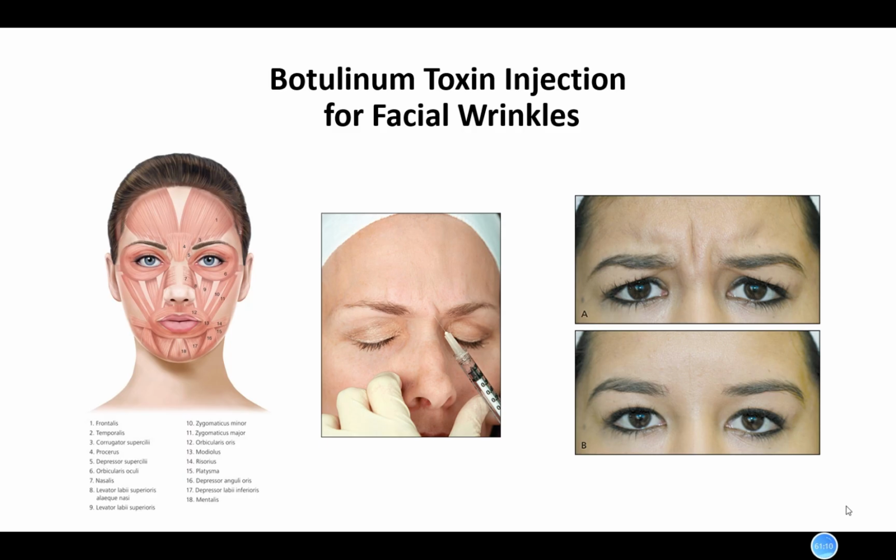And also the muscle groups in the skin might contract all the time, so that you will see the wrinkles, the big wrinkles on the surface of the skin.